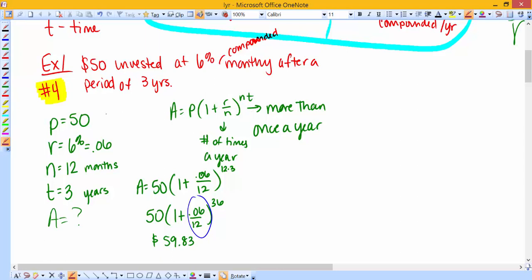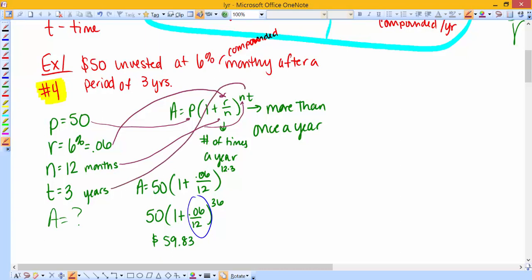So I plug everything in. 50 is your P, 0.06 is your R. Now 12 goes into 2 places. It's the denominator of your fraction and it's a part of your exponent. And then we multiply by T. So I plug in very carefully.